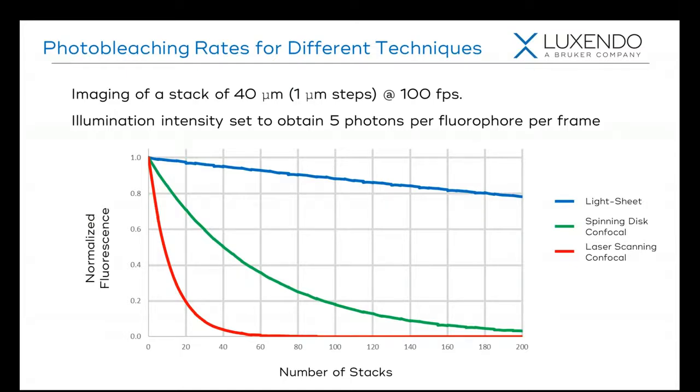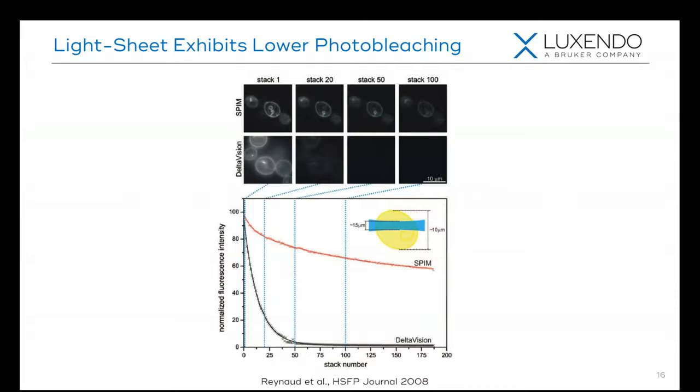And this theoretical data fits in very good agreement with some experimental data from Ernst Stelzer's lab in this 2008 paper, where they imaged yeast with light sheet and with a wide field DeltaVision microscope. What they see, in agreement with the theoretical data I just presented, is that the light sheet definitely outlasts the wide field technique due to its inherent optical sectioning.